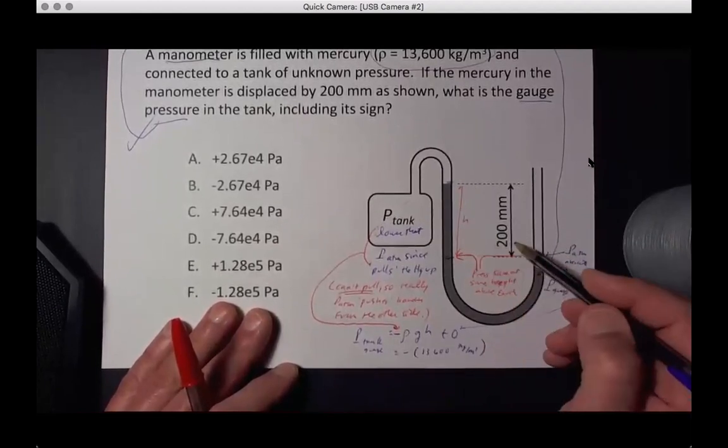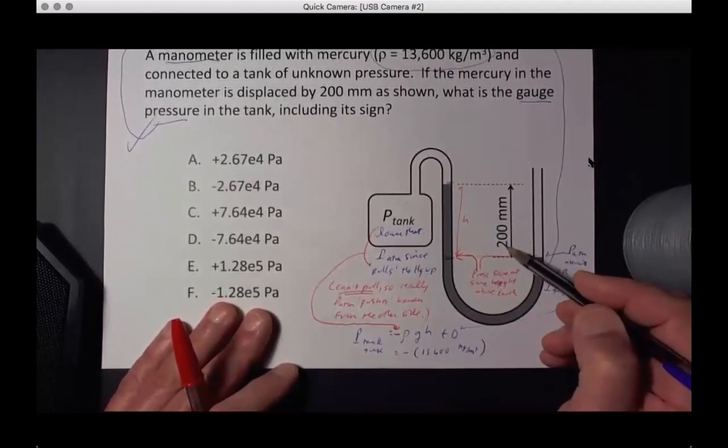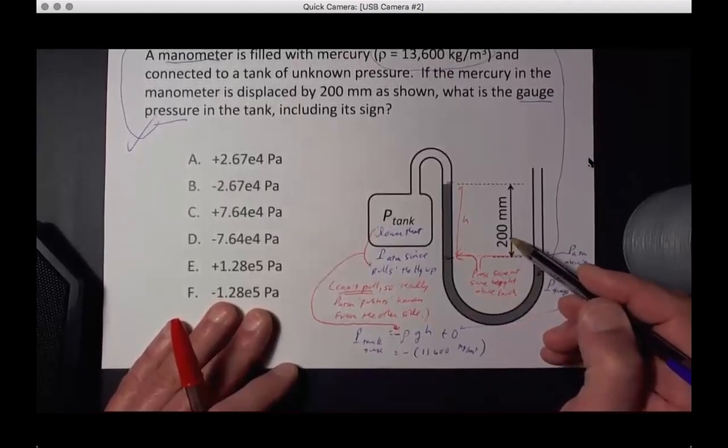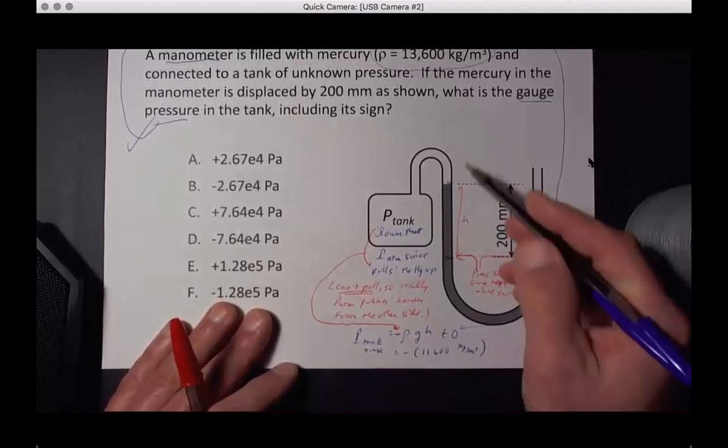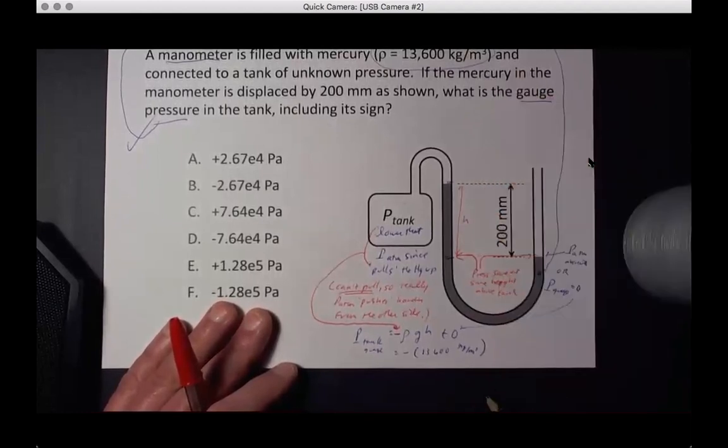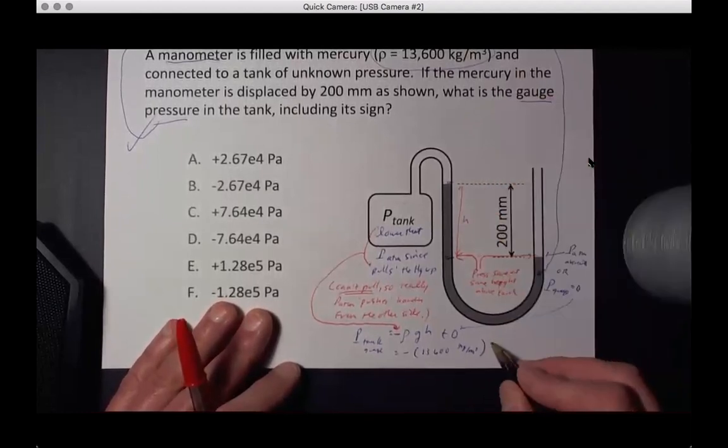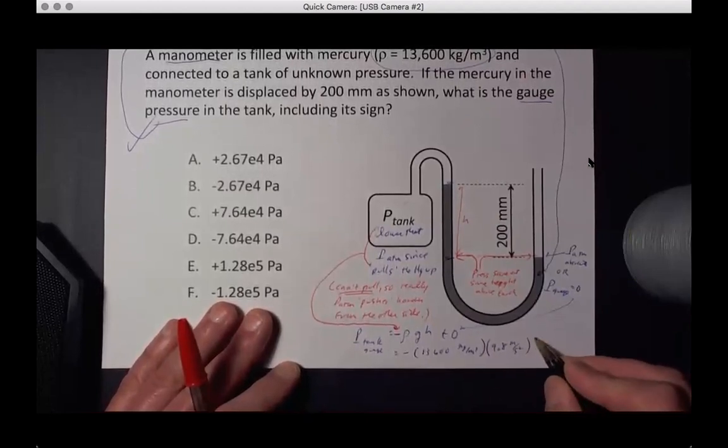It's 0.2 meters, so you get 2.6 meters this would be if it was water. That's a little bit inconvenient to work with things that big. There's our little g, and h is 0.2 meters.